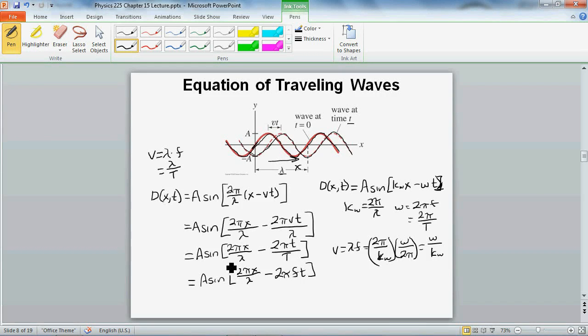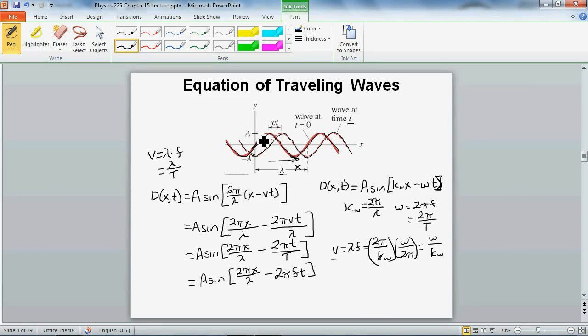So this description of a traveling wave equation shows us that from the equation itself we can come up with the velocity. We just have to look at the coefficients of the x term and the t term, and we can calculate the frequency immediately.